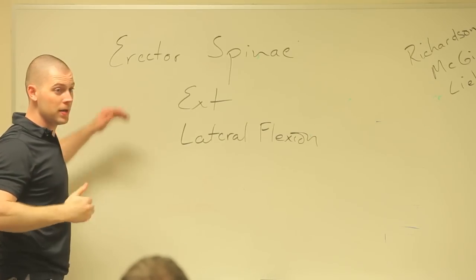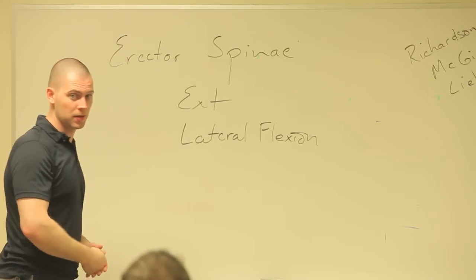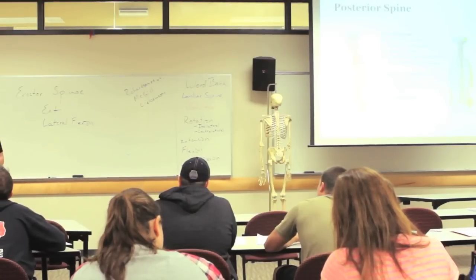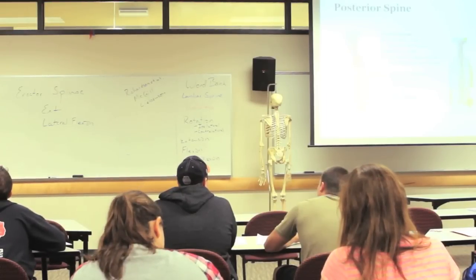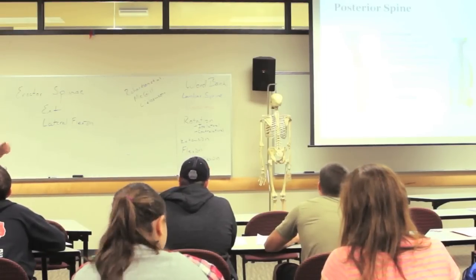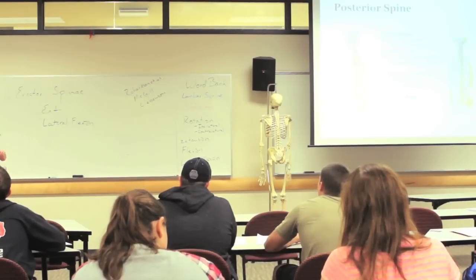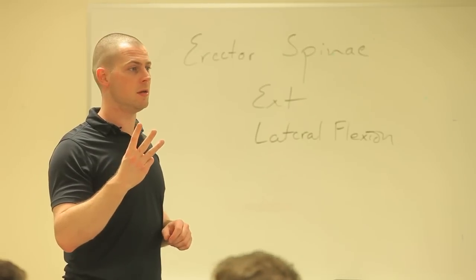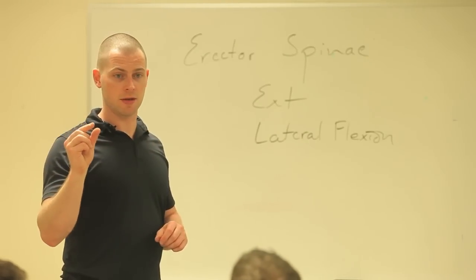Another thing to keep in mind, once you guys start digging a little deeper into your anatomy: is there only one Erector Spinae muscle? Yeah, there's actually three. And they all do a slightly different thing.